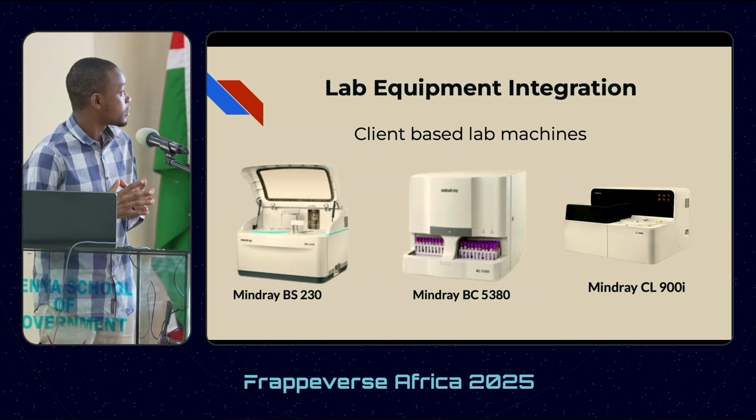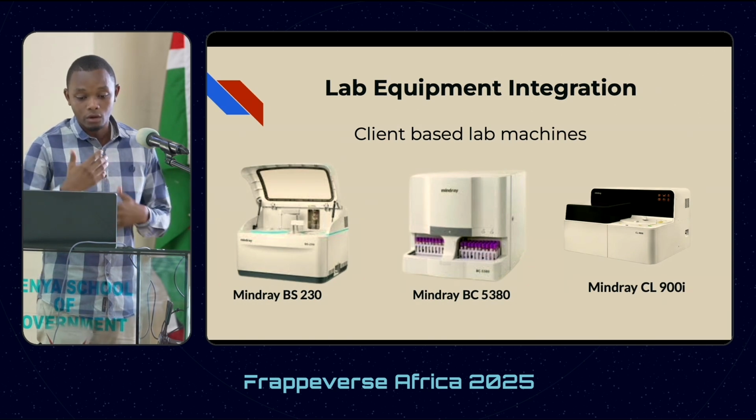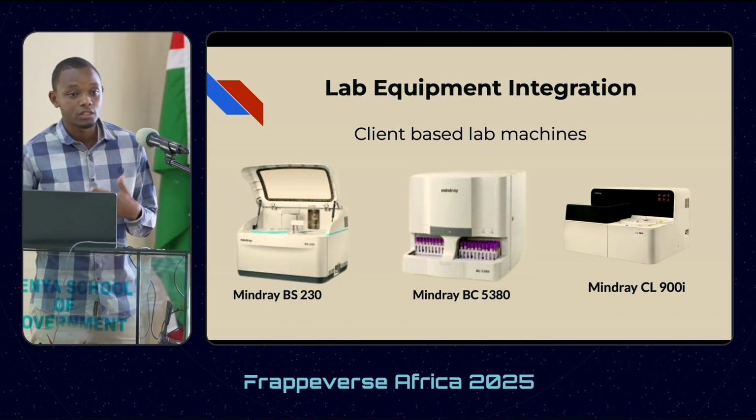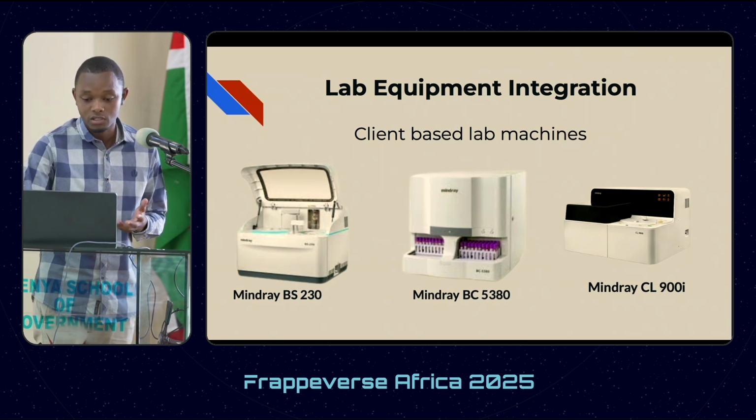So these are the machines we have been able to integrate, and we are looking to integrate more machines so we can speed up the functionality in laboratory activities for our customers.